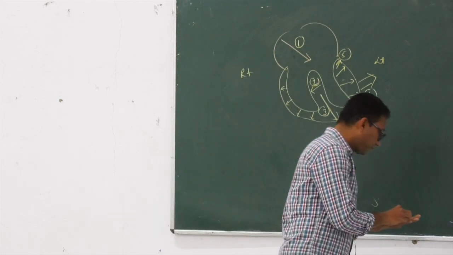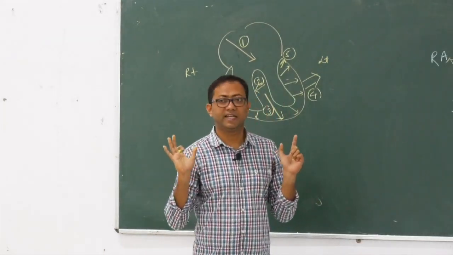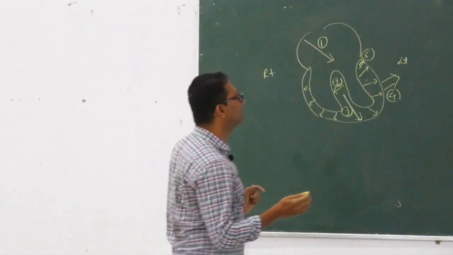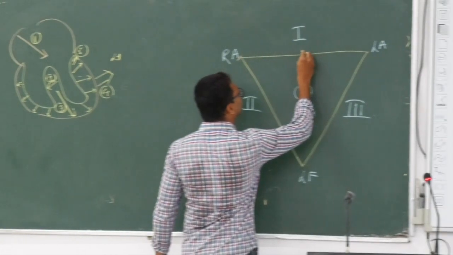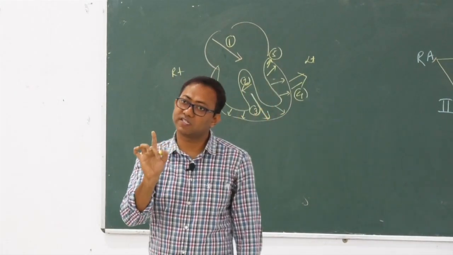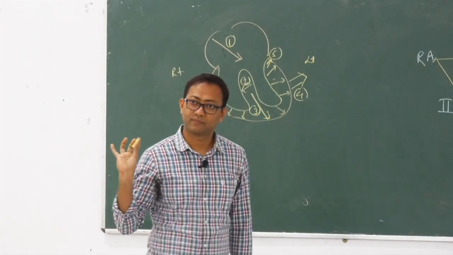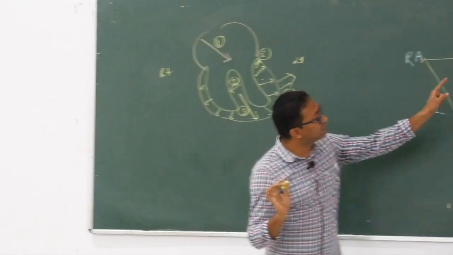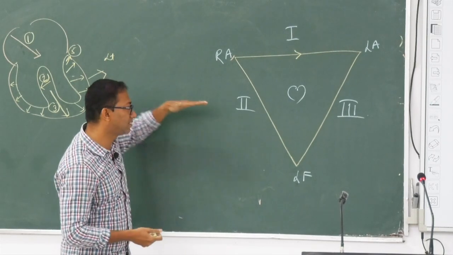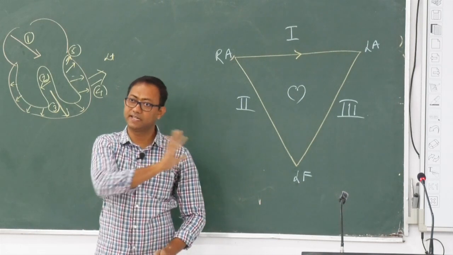Now, any electricity, if it flows in this direction, we will get a positive deflection. Okay? So we will get a positive deflection in lead 1 if electricity travels this way, right?